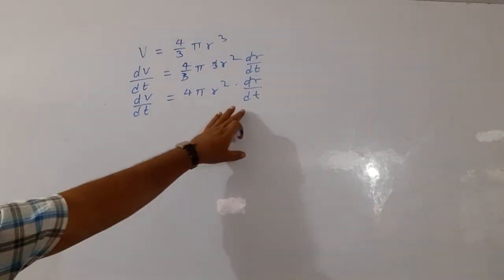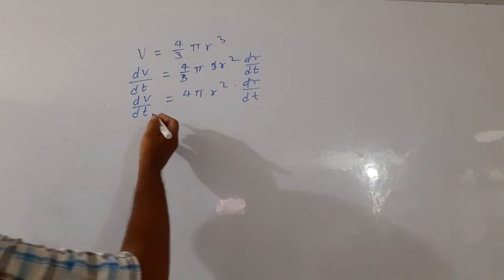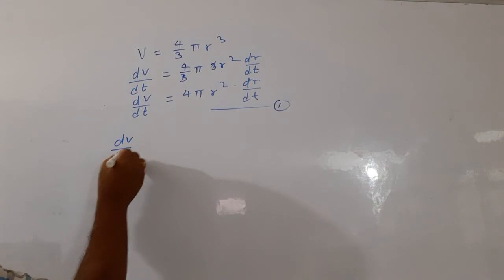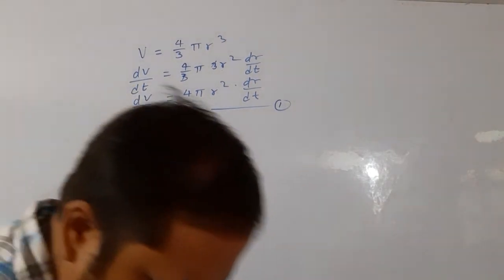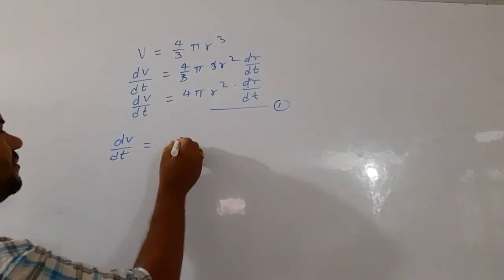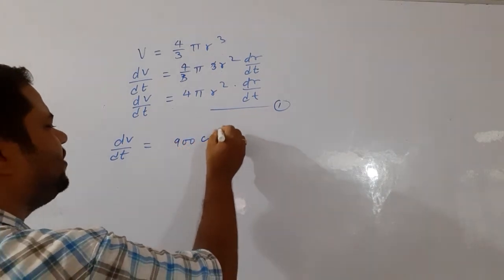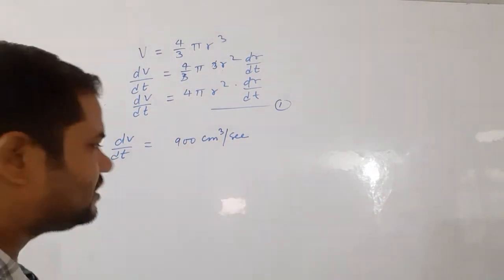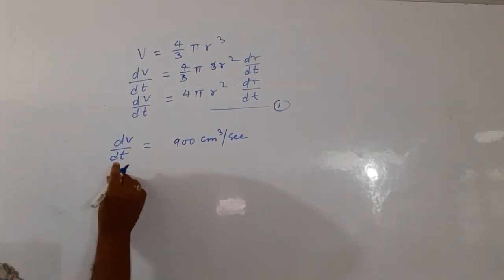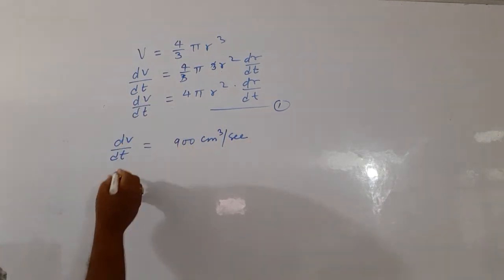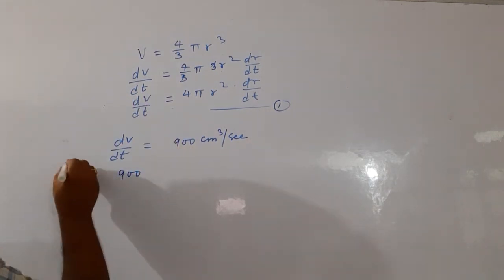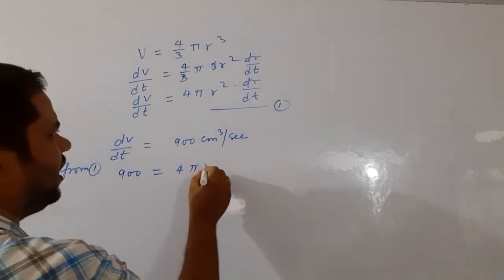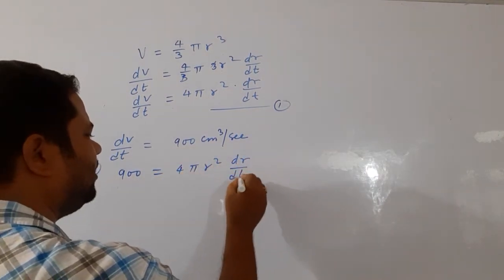Now we need to find this dr upon dt, but first we see what is given here. We have given dV upon dt, the rate of change of volume with respect to time. This is nothing but 900 cubic centimeter per second. So we put the value of dV upon dt here: 900 is equal to 4 pi r square dr upon dt.